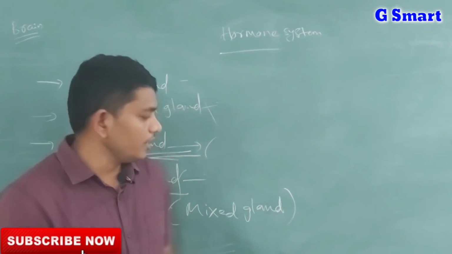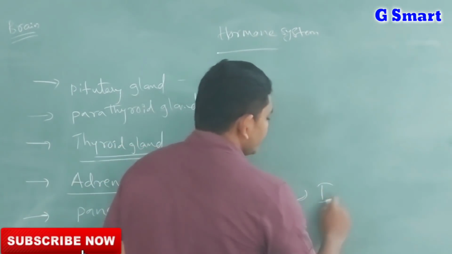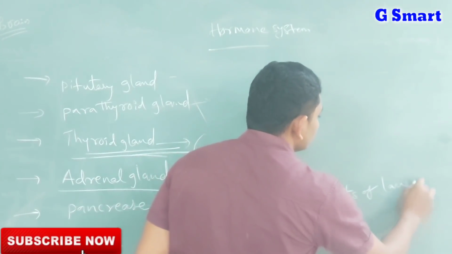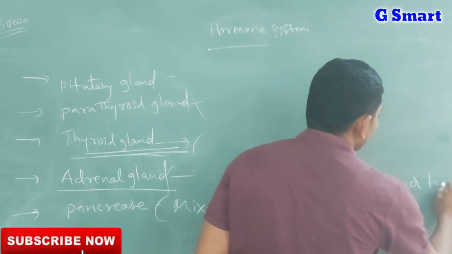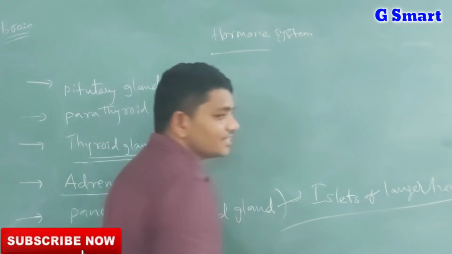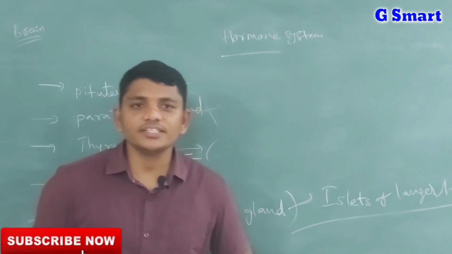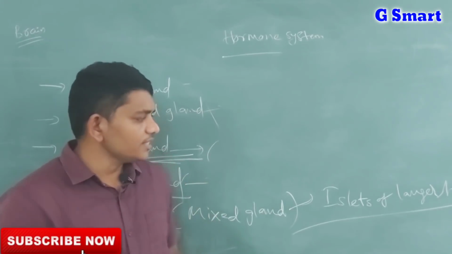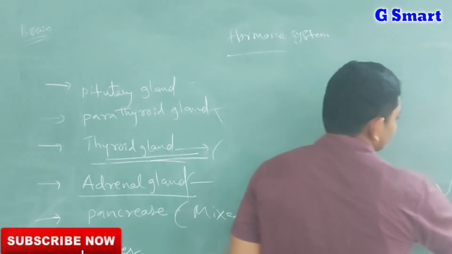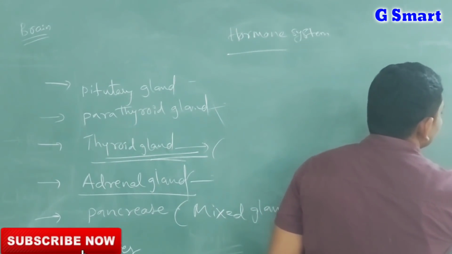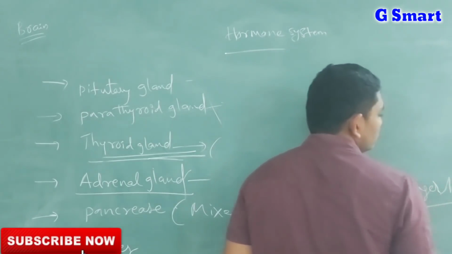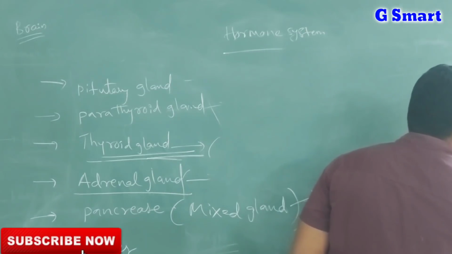The pancreas has some cells called islets of Langerhans. These cells usually release a hormone called insulin, and one more hormone called glucagon.